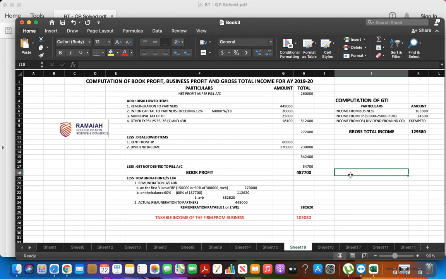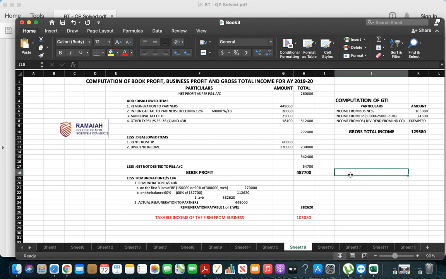So if it is rent from house property, you have to consider the amount minus municipal tax minus 30%. In yesterday's question, there was no municipal tax, so directly we deducted the 30% deduction. But in this question, municipal tax is given. So rent from house property is 60,000, minus municipal tax and then minus 30% standard deduction under section 24, that is 30%.